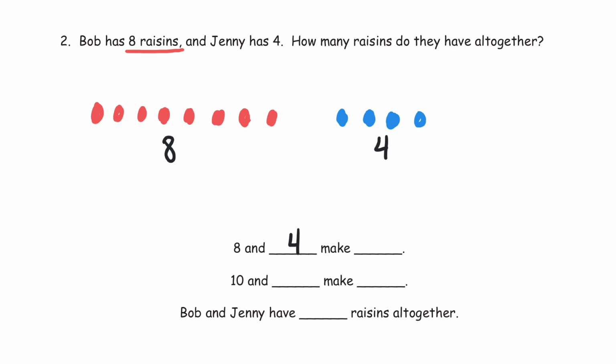So to fill these in, you're going to make your group of 10, and whatever number you have left is going to be right here, and your answers will go right here. If you're not sure what to do, rewind the video and go back up to problem 1 to review how we solve that one. And then after you've done that, come back and we'll take a look at problem 3.